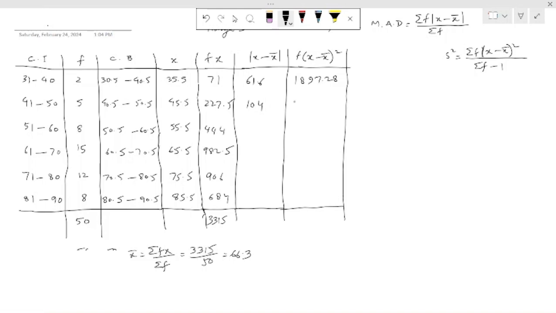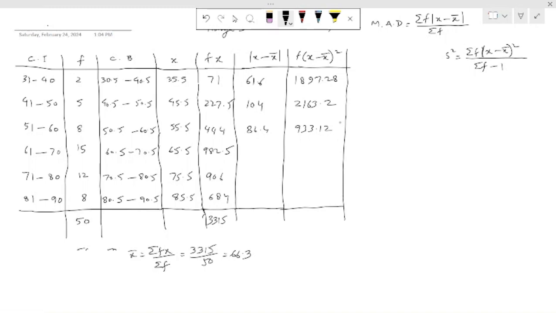That's 2163.2. Now for the next value, 55.5 minus 66.3 is 10.8, times 8 gives us 86.4, and then multiply this answer by 10.8 again.